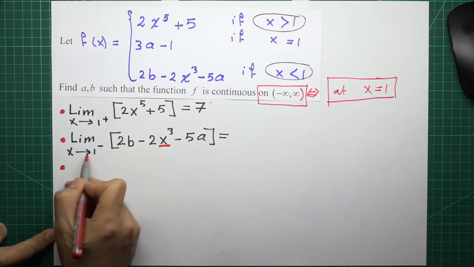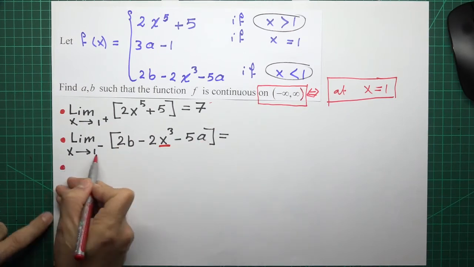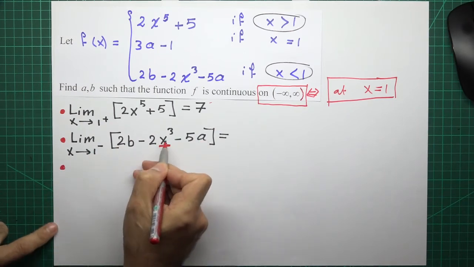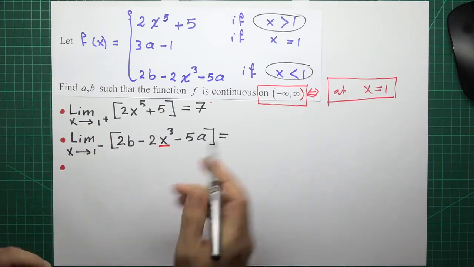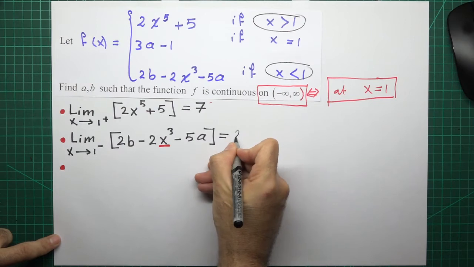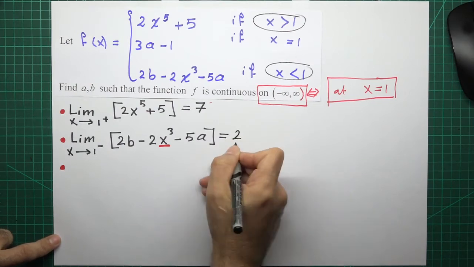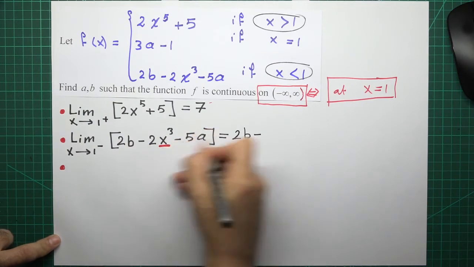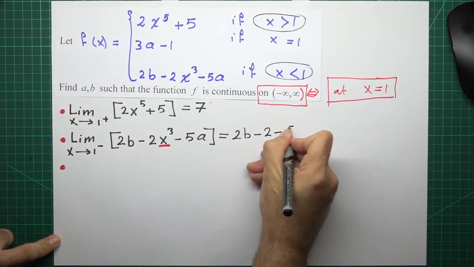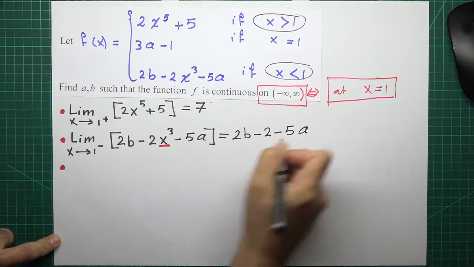Don't replace b by 1 or a. x approaches 1 يعني we will replace this x by 1. So بيبقى عندي 2b كما هي، 1 cubed، 1 times 2 is 2، minus 5a.